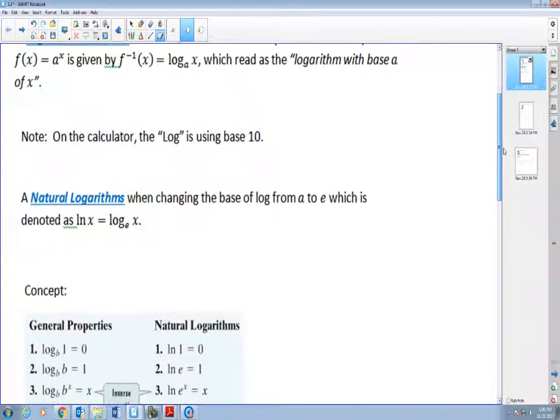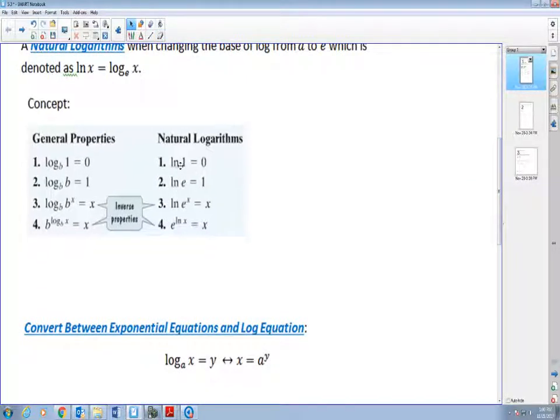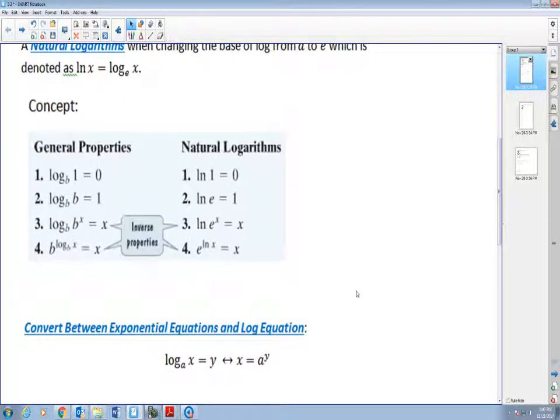Let's look at some properties here. These properties come in handy from time to time. I have here a parallel between the regular logarithm and the natural log. Log with any base of 1 is always 0.